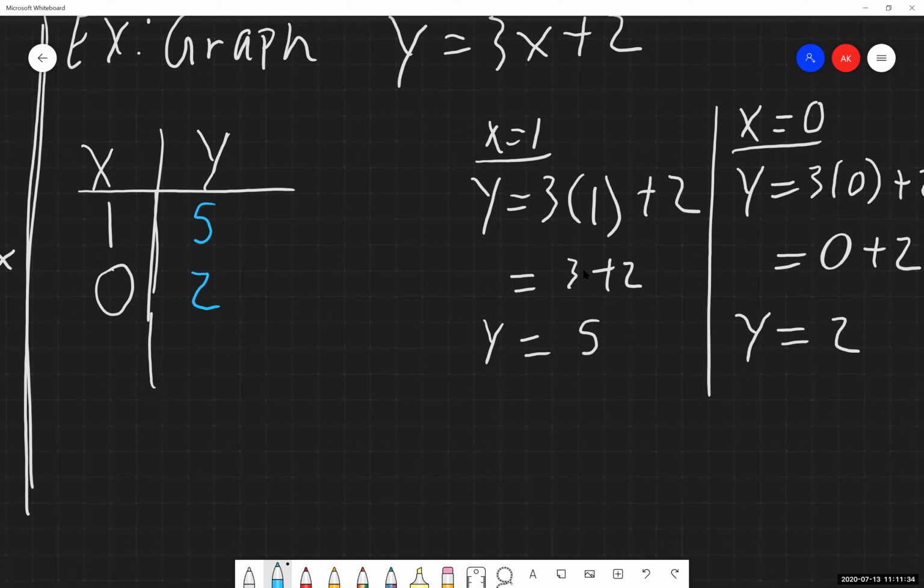So I now have 2 points. If we want to write these off to the side for ourselves, we can do that. Some people like doing this. You are not required to, but there's nothing wrong with it. So this gives us the ordered pair 1, 5, and the ordered pair 0, 2. Now, we're going to go slightly overboard with this.